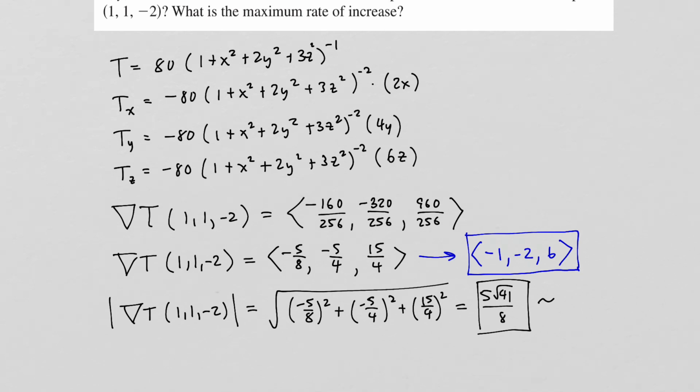And by the way, an approximation here, this is approximately 4 degrees, and this would be Celsius per meter. So the maximum increase comes when you travel in this direction, and that increase is going to be 4 degrees Celsius per meter of travel.